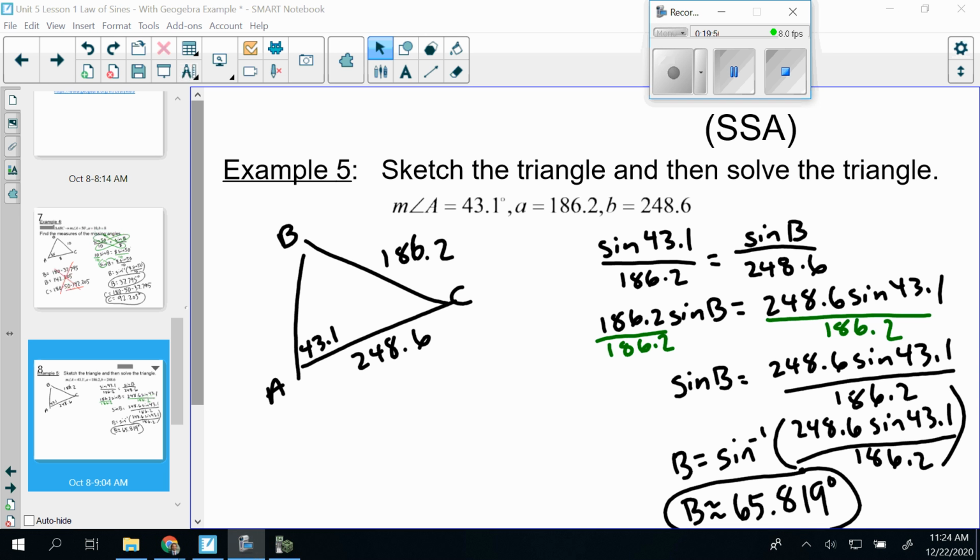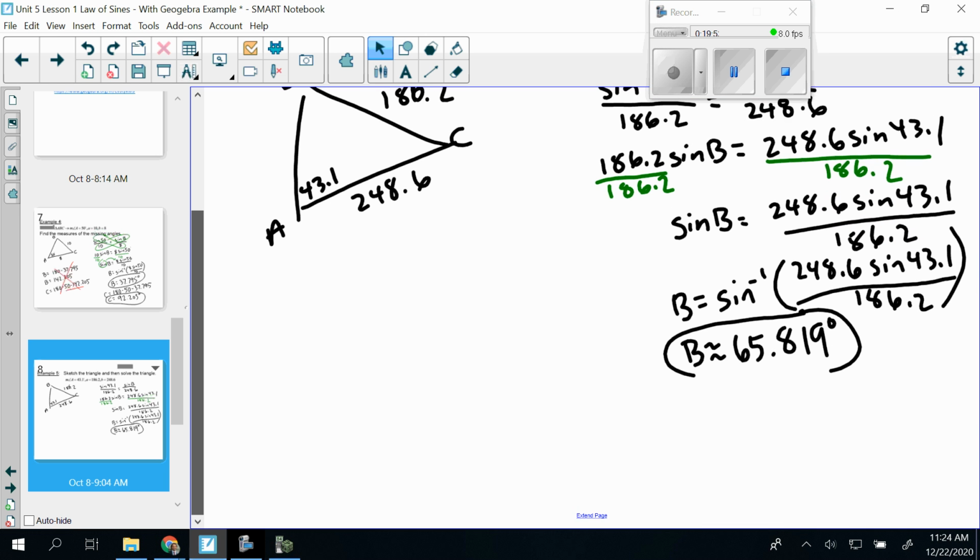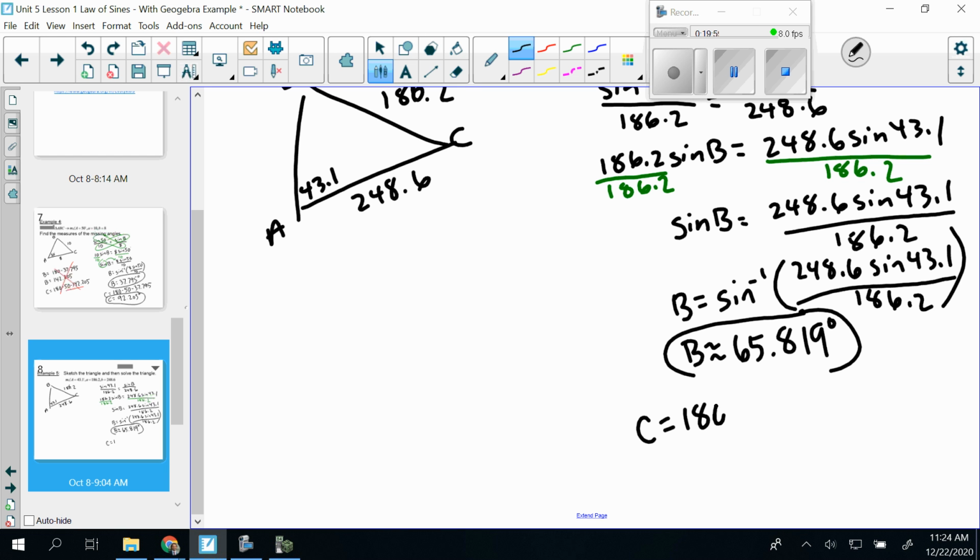All right, it looks like this one's going to work. So let's do our last thing now and find angle C. Angle C should be 180 minus our angle A, which was this, minus our angle B that we just found.